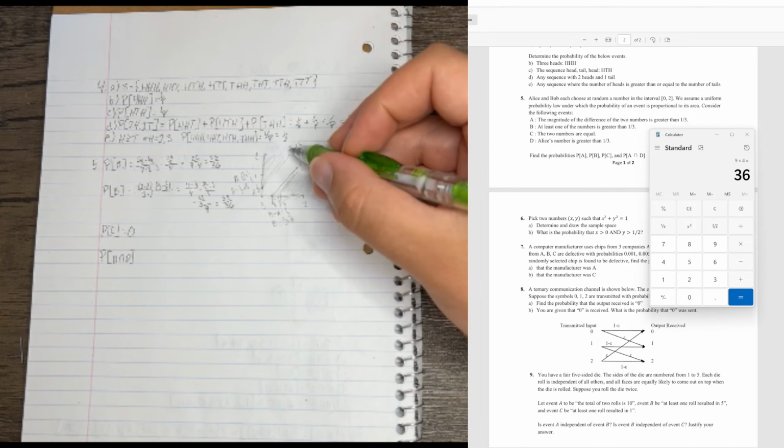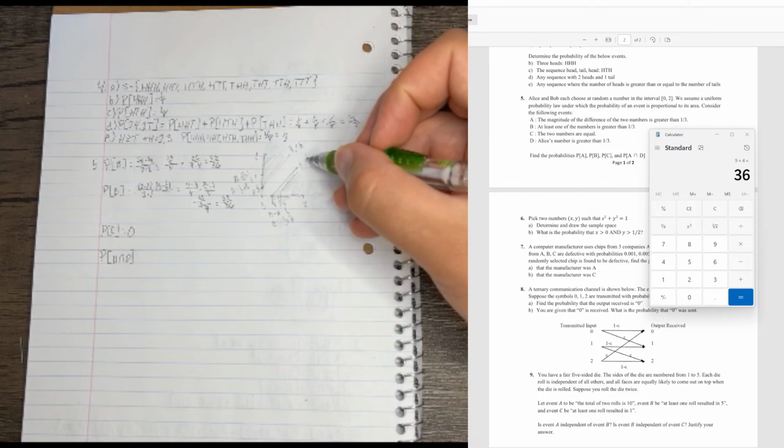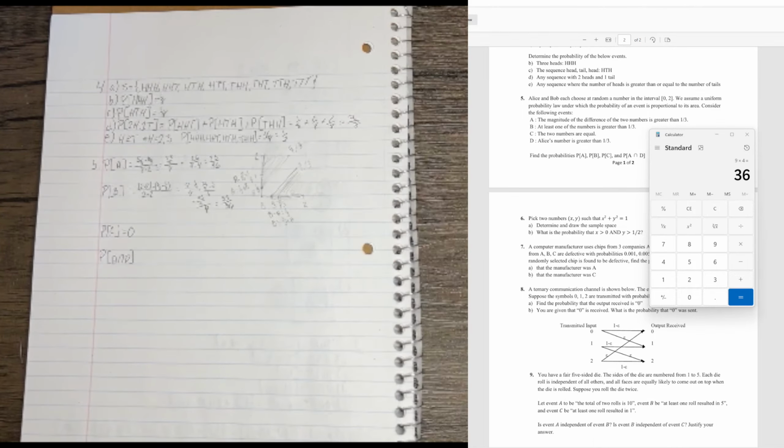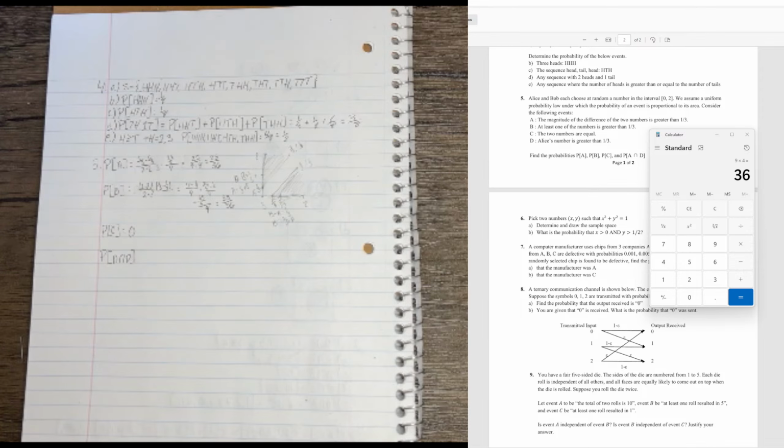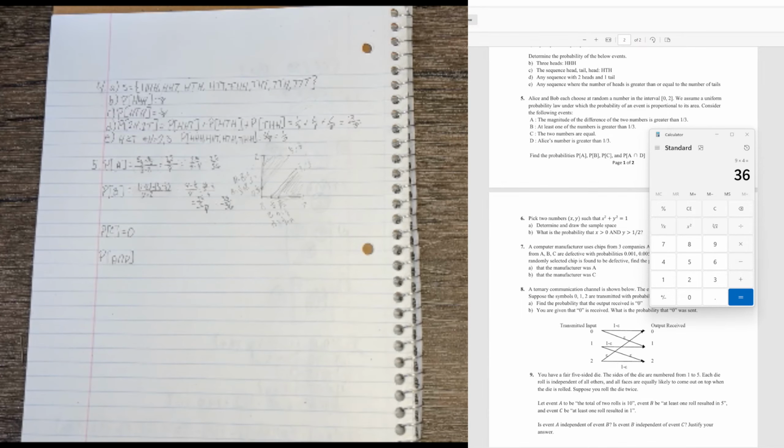Alice can pick 2. If Alice picks 2, it's the same thing up here. So yeah, I think that's still valid. And we have to pick numbers that are the same. So that's where I'm confused exactly. I mean, I guess it makes sense.